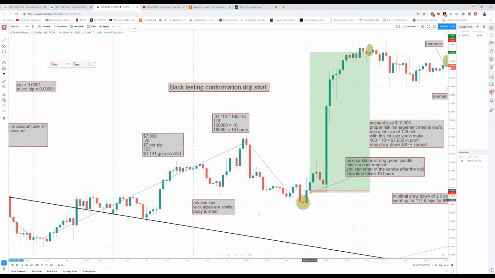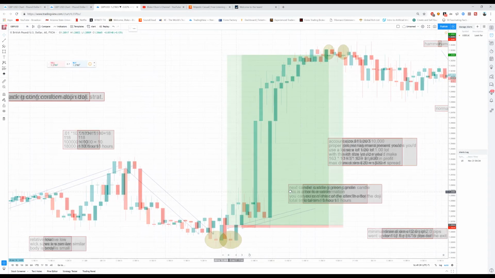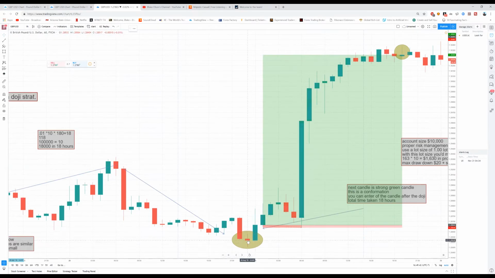So in this example, I tried to make this as realistic as possible. This is where we see the doji, but we missed it. We have one candle after the doji, and it's a confirming candle as well. What I mean by a confirming candle is that it's larger than the candle before the doji, counting the wick.